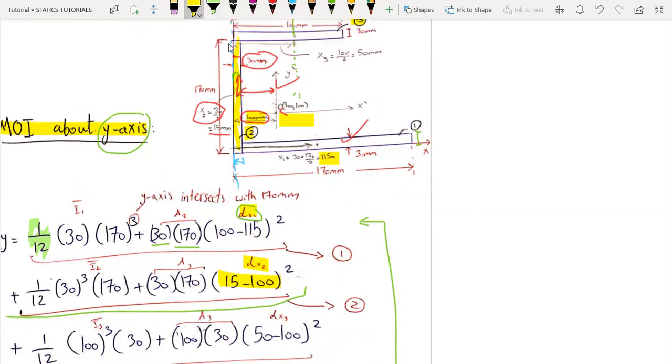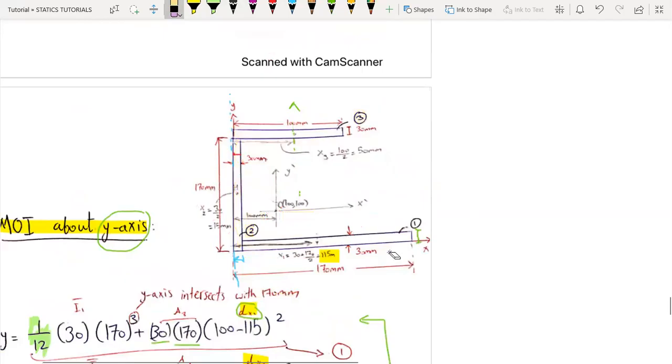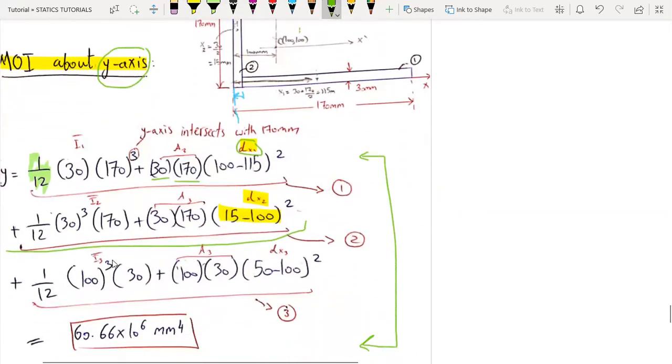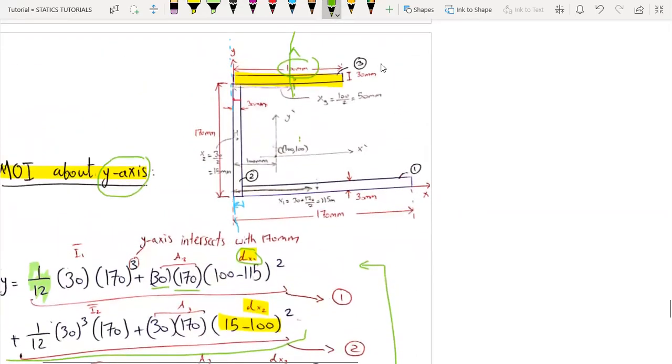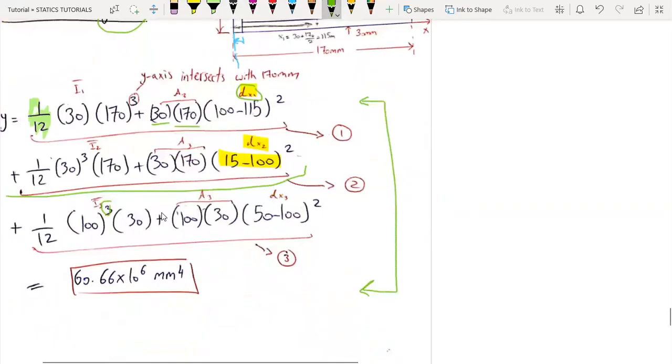So finally, segment number 3, we have what? We will say 1 over 12, and we are dealing now with the y-axis, so it's crossing the 100 millimeter dimension, so it will be 100 cubed multiplied by the other dimension, which is 30 millimeters.